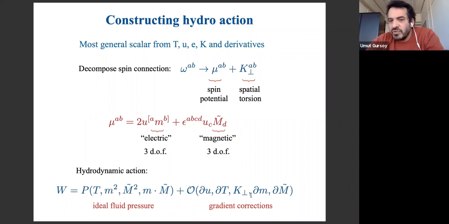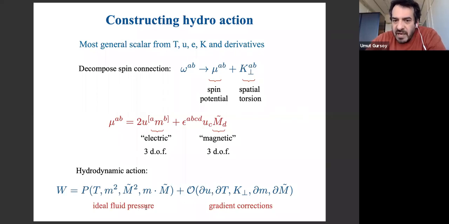And then on top of that, of course, you have to write down all the gradient corrections, given in terms of some derivative expansion of these variables. And here I'm going to put the spatial torsion also, in the second term. So that's essentially answering your question, Ayhan. The spin-orbit coupling information is somehow contained in this pressure term in your action.